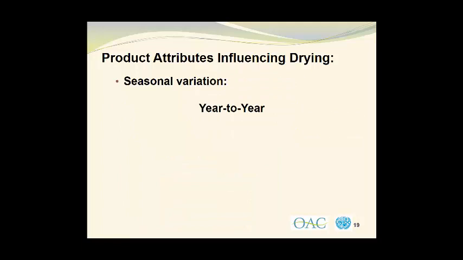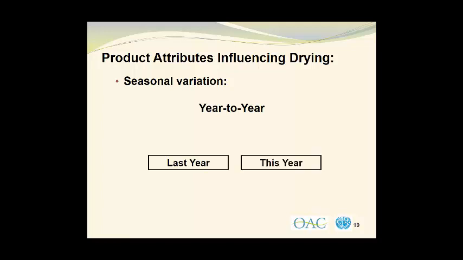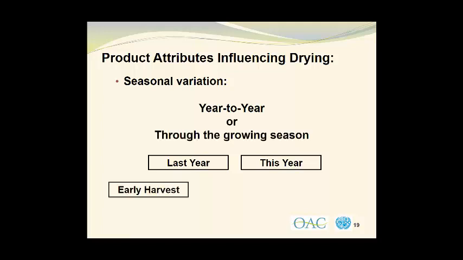They can occur from year to year. So if you were to compare the drying of a product last year with a similar product this year, you may notice a difference, and this can be attributed to such things as differences in the growing season, which impact upon the structure of the product. We can also have variations through the growing season.